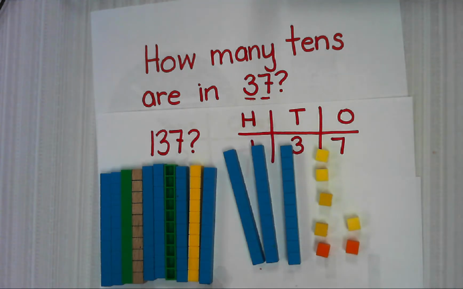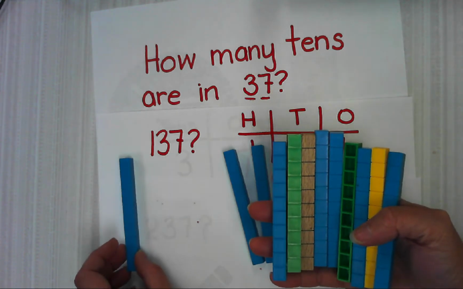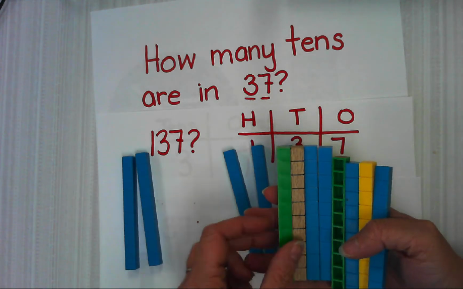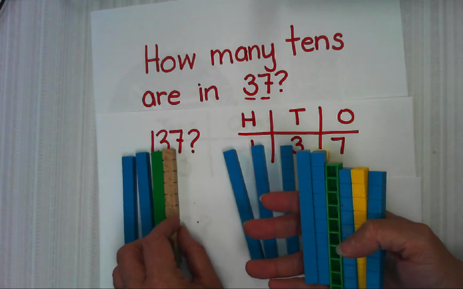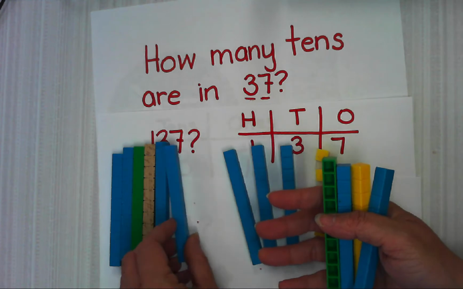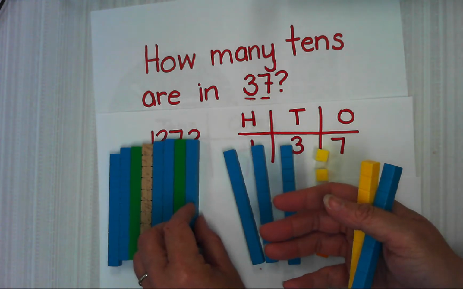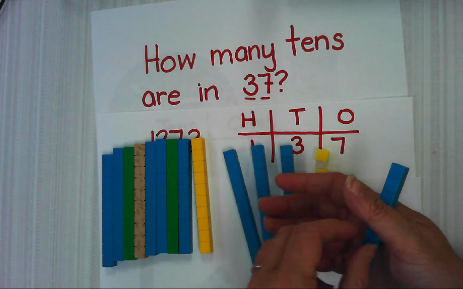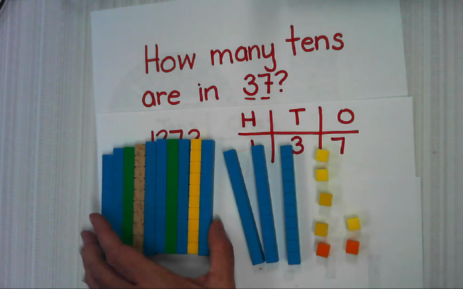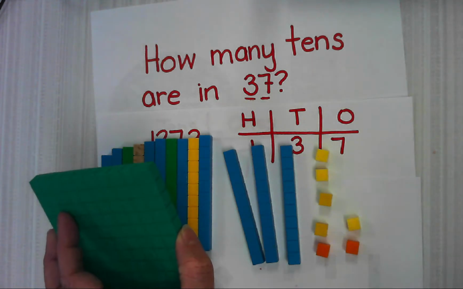Let's count 10 tens. We're going to count them by 10 because these are worth 10. 10, 20, 30, 40, count with me, 50, 60, 70, 80, 90, 100. So 10 tens is equal to 100.